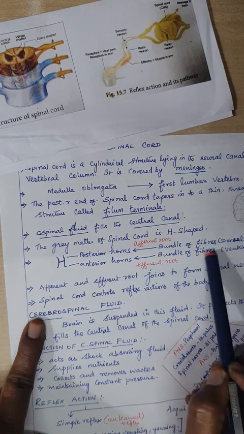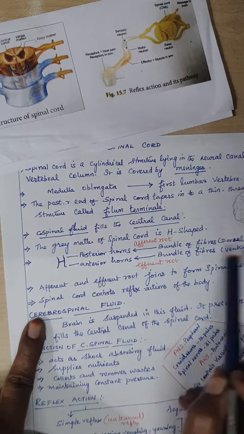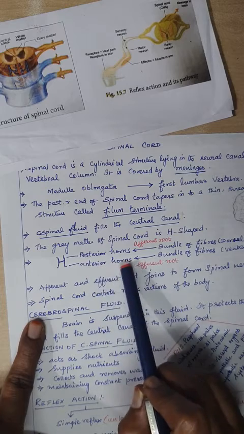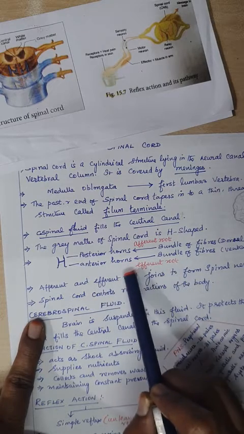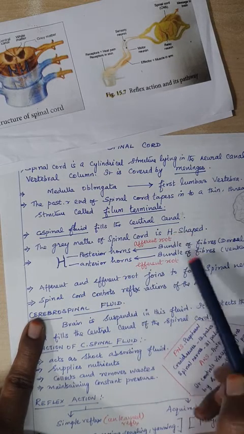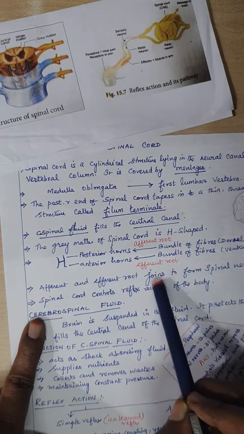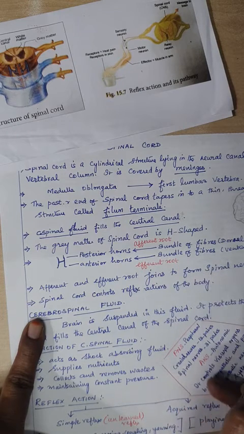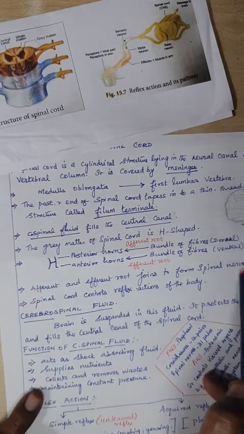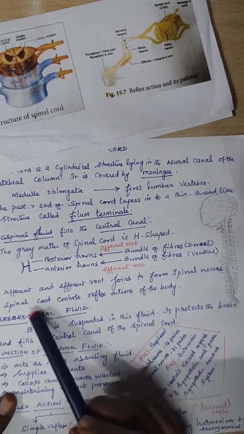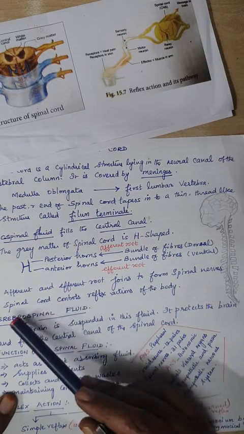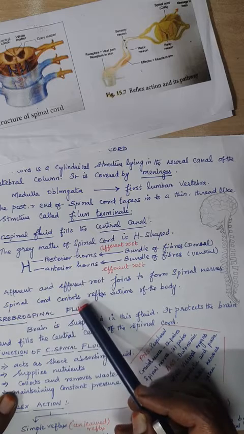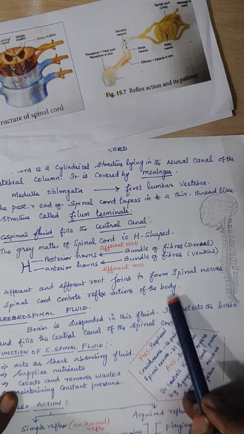The bundle of fibers passing ventrally through the anterior horns is called the efferent root. The afferent root and efferent root join to form spinal nerves. Okay, the spinal nerves, actually the spinal cord controls the reflex action of the body.